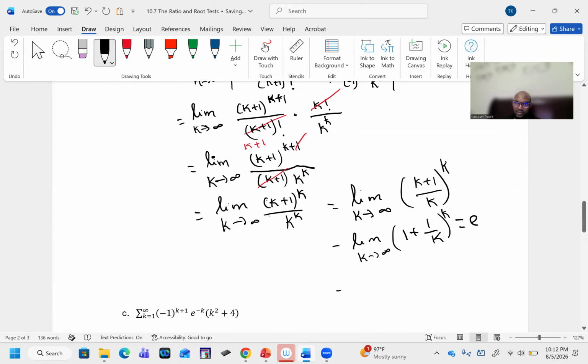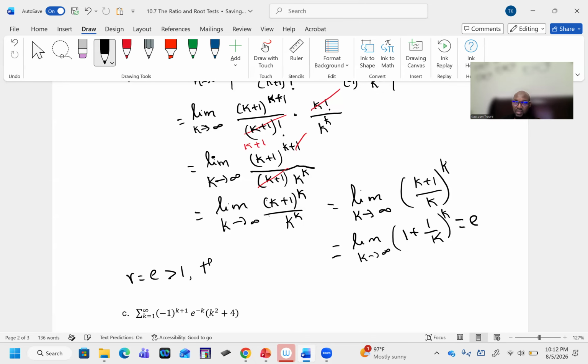We can see from there, R is what? R is equal to e, which is greater than 1. That means what?